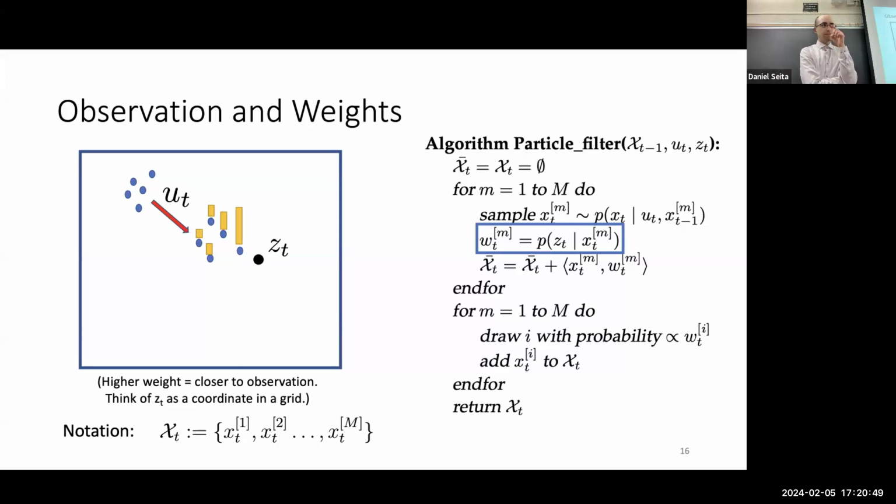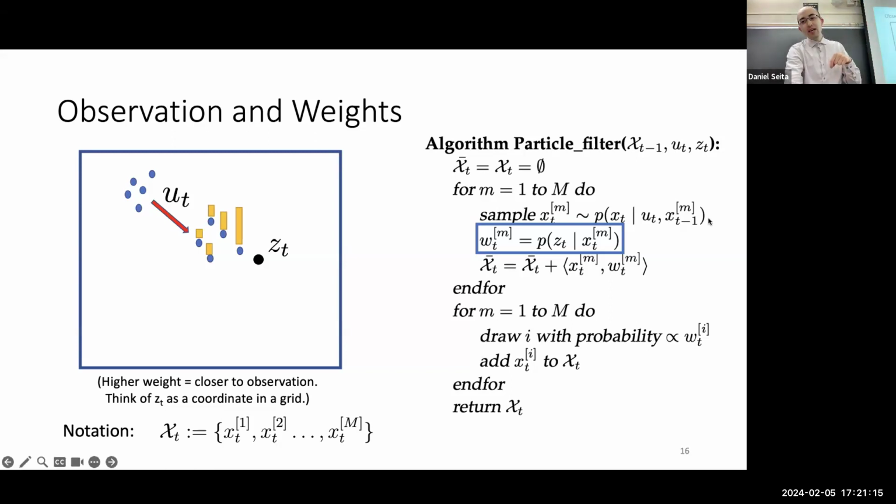The same action would result in the same function being applied. Okay, so you're asking if this is some grid, and each particle is in some grid cell, that there's this hypothesis of where the robot's true state might be. Some particles might be in the same grid cell. It usually happens when you do this.